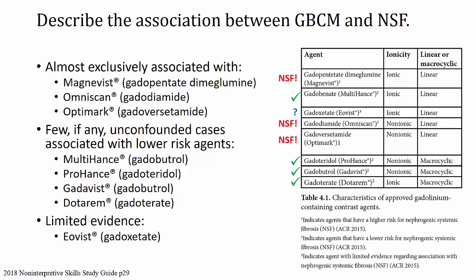NSF is almost exclusively associated with Magnavist, Omniscan, and Optimark, and the few, if any, unconfounded cases have been found to be associated with the lower risk agents, which include Multihance, Prohance, Gadavist, and Dotarem, and there's limited evidence associated with Eovist, just not enough data yet for that.